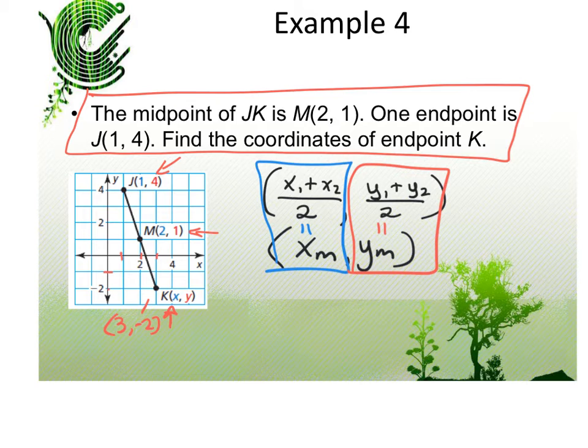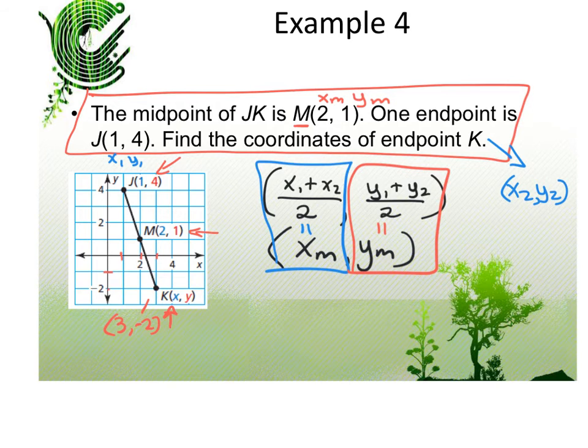So what I'm going to do is label what was given to me. M is my midpoint, so this is my xM and my yM, and then my ordered pair will be my x1, y1. I'm looking to find K, which is going to be x2, y2.